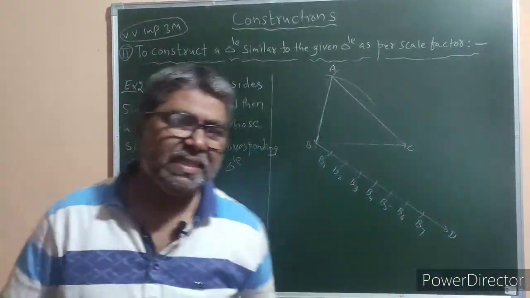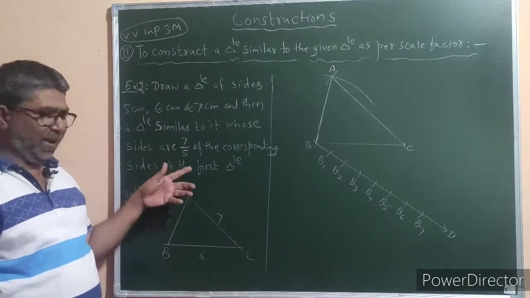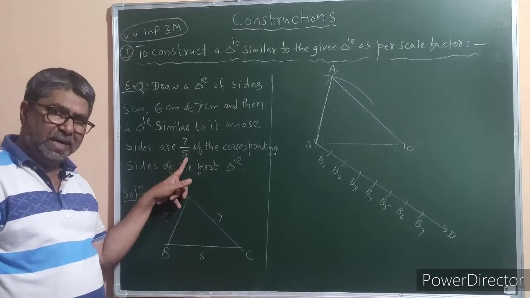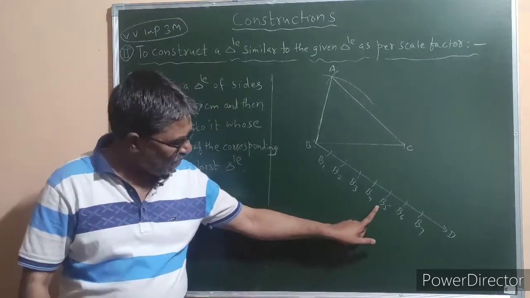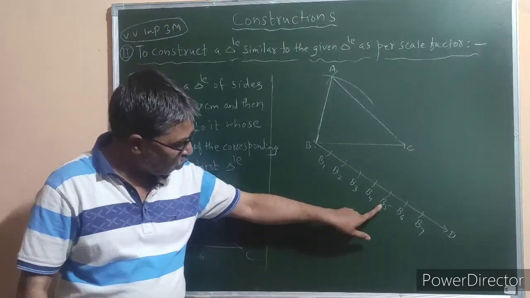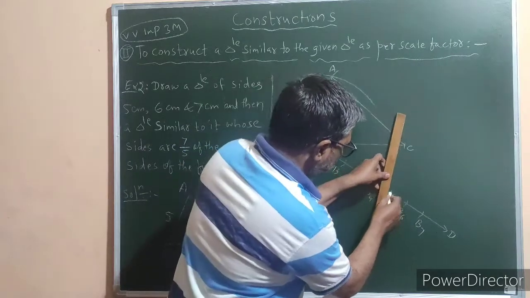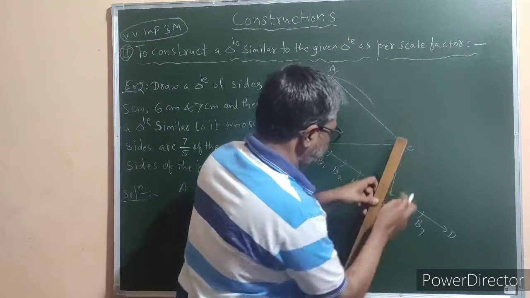Once again, see the terms of the ratio or fraction, you may call 7/5, whose denominator is 5 and this 5 will be represented by B5. So from B5 draw a line to C, or in other words join B5C.